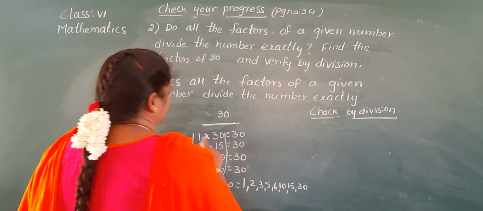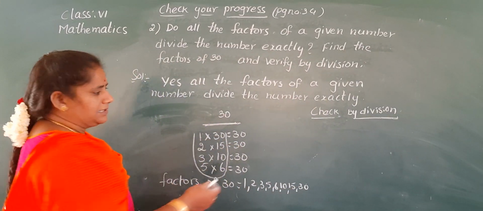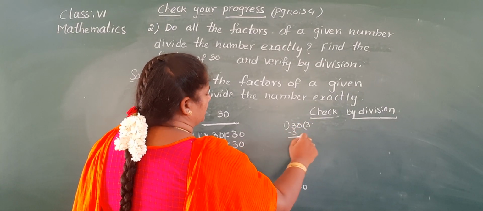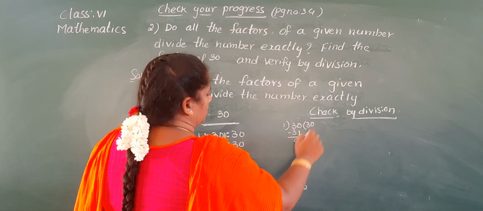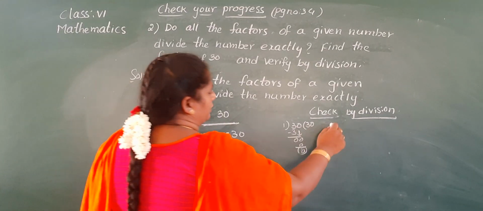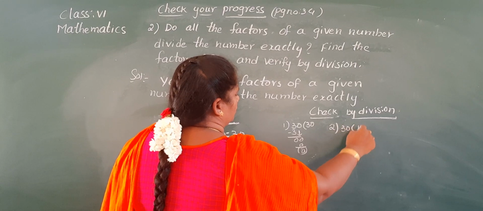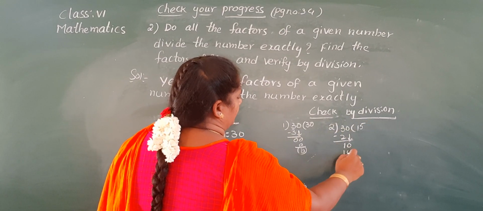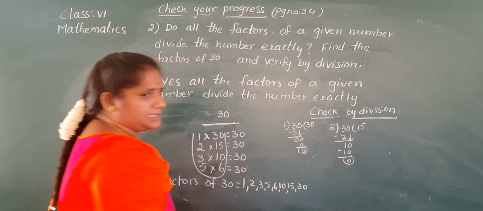See ma, 1 table, that factor: 1 3s are 3, 0, 1 0s are 0. Finish. Yes, it gives the remainder 0. In 2 table we will check it. 2 1s are 2, 1 0, 2 5s are 10. Yes, we will get the remainder 0.